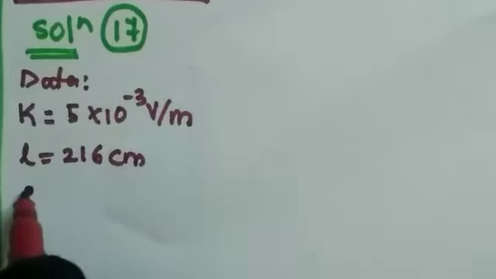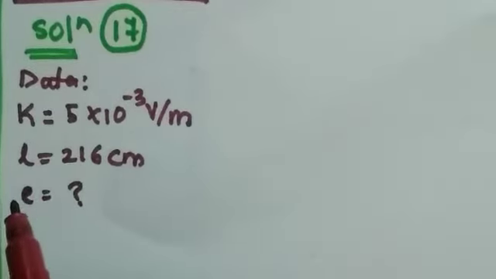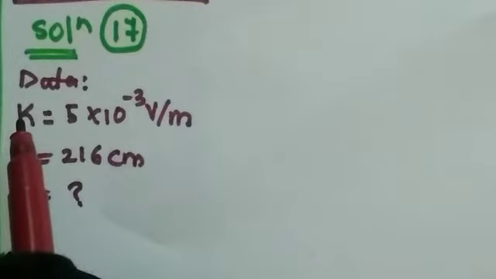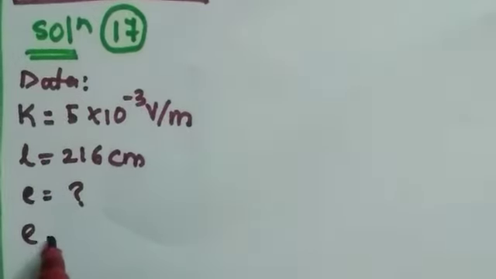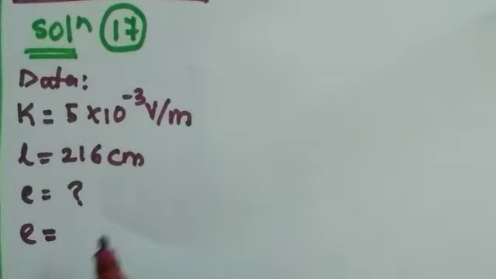That is, we have to find E. Fine. So what is the relationship between EMF, length and potential gradient? So yes, EMF E is equal to KL. That is according to the principle of potentiometer.